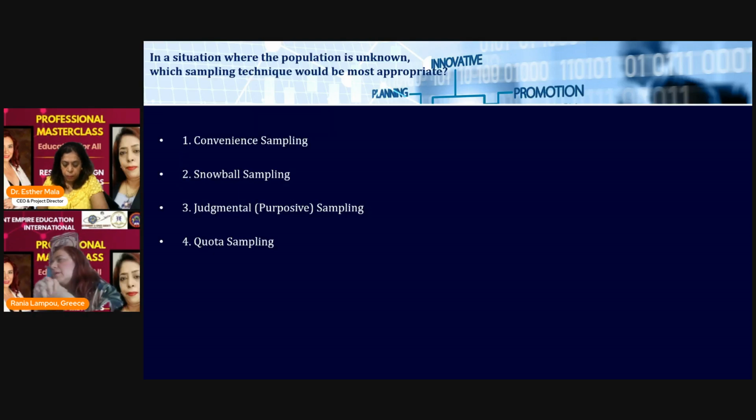And quota sampling is when the researcher fills quotas for key characteristics without random selection, used when the population structure is partially known but a full list is unavailable. So what is the strength? The strength is that it mimics population structure in key characteristics, and the limitation is that it is still not random, with possible selection bias.